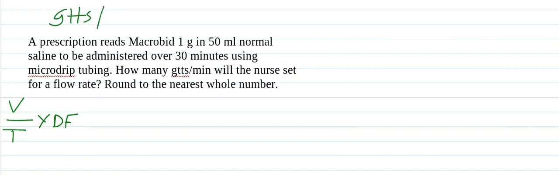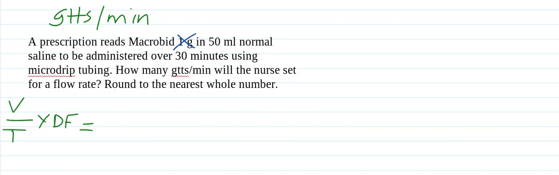So we have our same formula that we're always going to use, times drop factor. Okay? This is always the formula for drops per minute. So what do we have here? Are we going to be concerned with 1 gram? No, we're not.